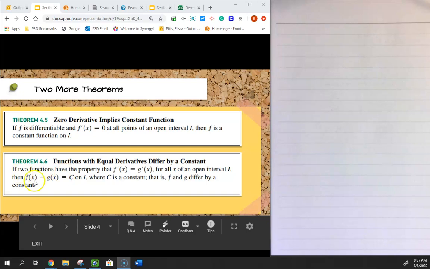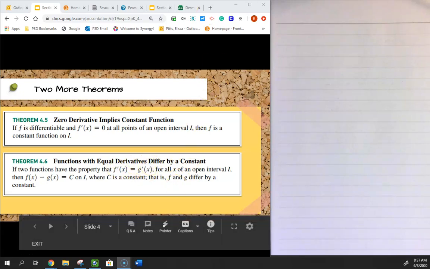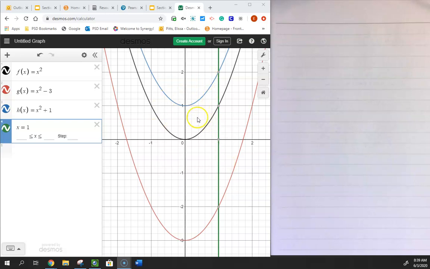Or we can write it like this: f of x minus g of x equals a constant. The constant could be positive or negative. We could solve for f of x and say f of x equals g of x plus a constant, or we could say g of x is equal to f of x minus the constant, depending on what the constant is. Anytime that the derivatives are equal to each other, that means that the functions differ by a constant. So let's think about that graphically for a minute.